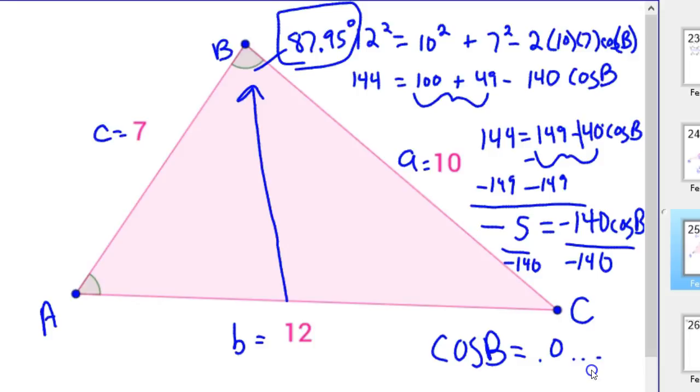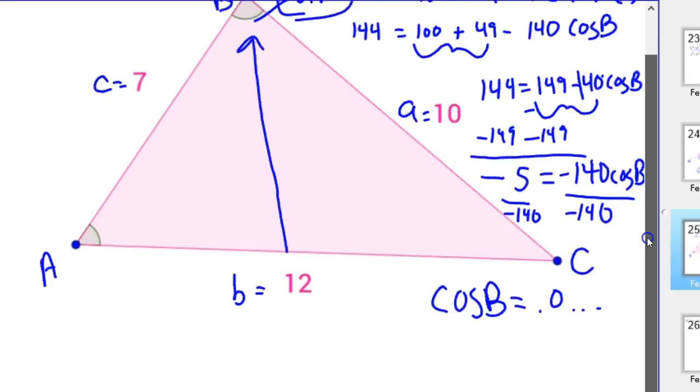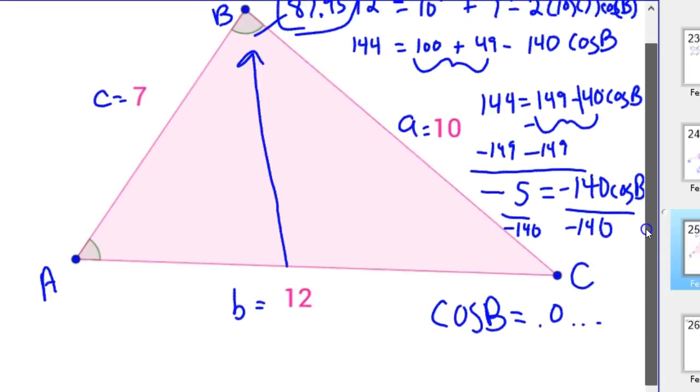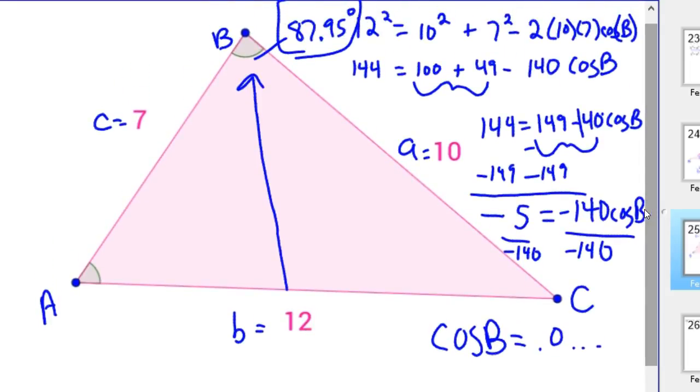Because we have a 7, which is one sig fig, the best we could do there is probably call that a 90-degree angle based on the measurement significance, but we'll go ahead and just stick with 87.95. And now it's just a matter of, again, using the law of sine. So once you have that, not that it matters, but I always go with the next biggest angle, which would be A, because it's across from 10.